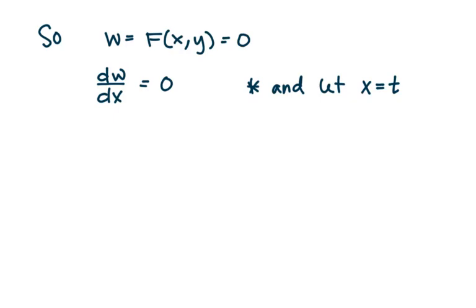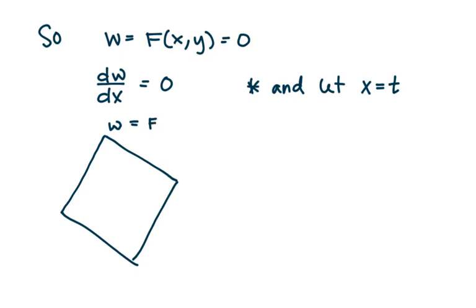So let's think about this as our dependency diagram. It's a beautiful diamond I'm making here. Here's w, my dependent variable. W is a function of f of x, y. So we've got some x and y equals h of x. These are my two intermediate values. And we said we were going to let x equal t, so I'm going to put an x here where we might normally have a t.